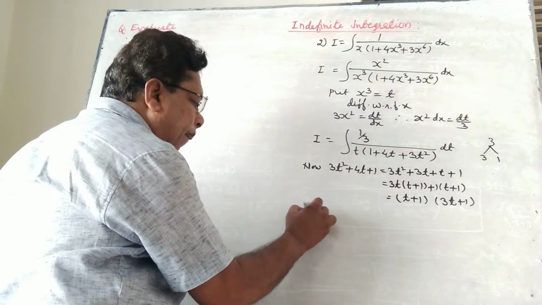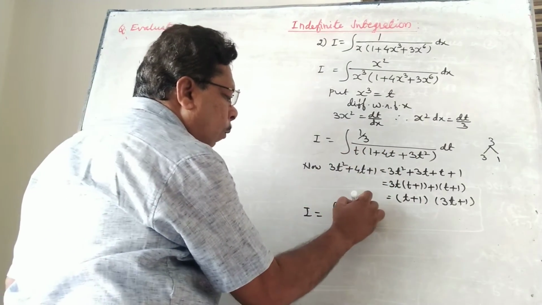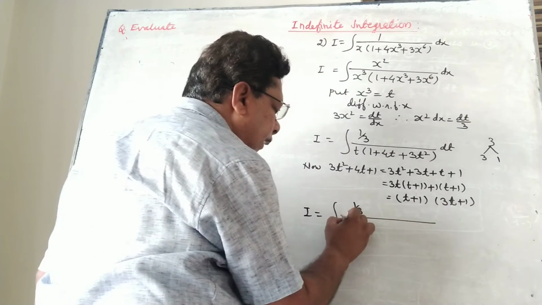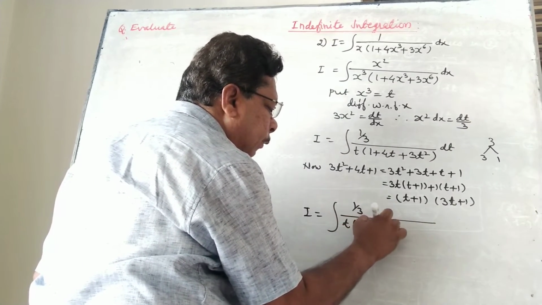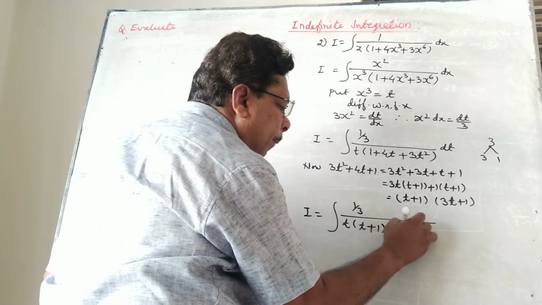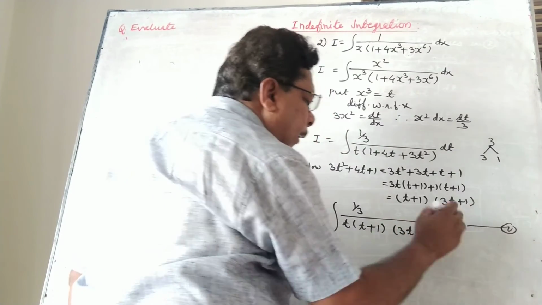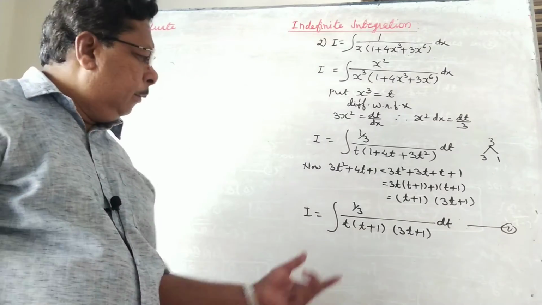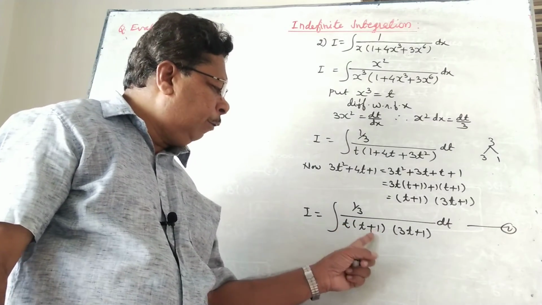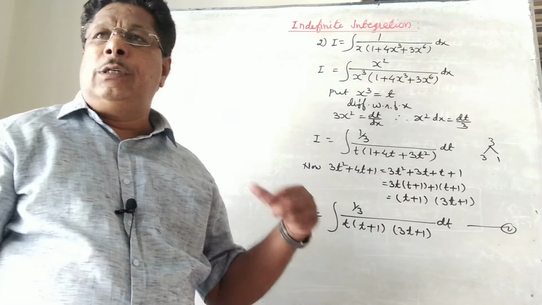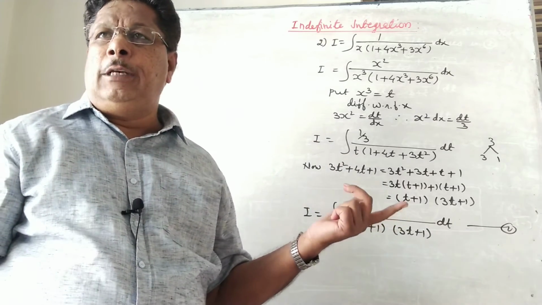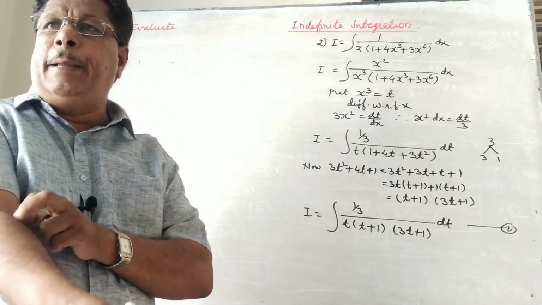So integral I becomes 1 upon 3 into t into t plus 1 into 3t plus 1 dt. Now observe this integral. In the denominator, three factors are there. Use three partial fraction constants a, b, c.